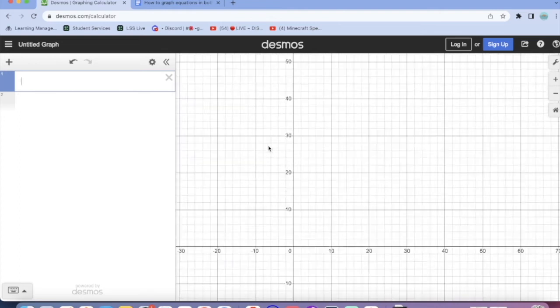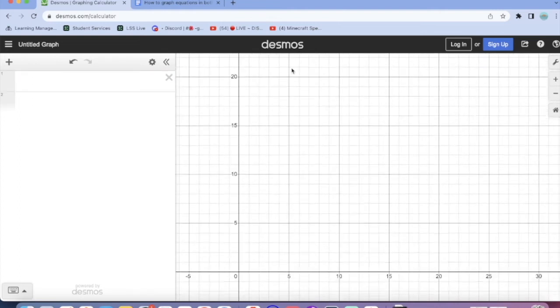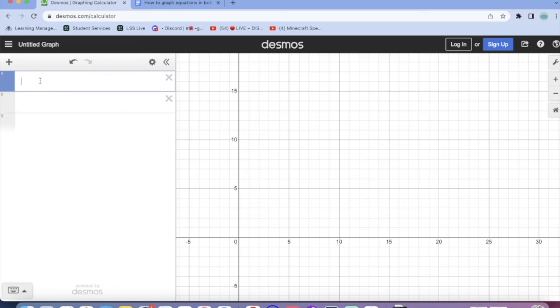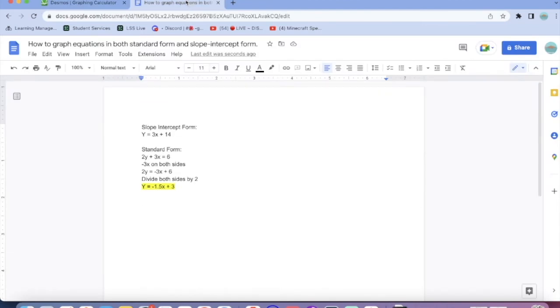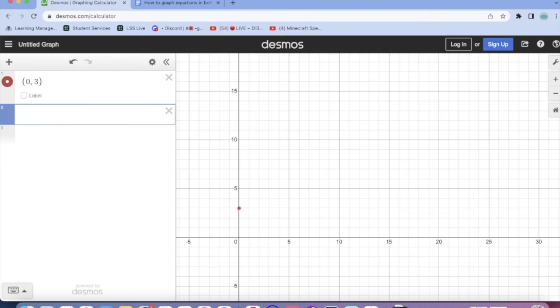Here, let me just zoom in a little bit so it's easier to see. That means when x equals 0, the y will equal 3. But it literally only goes downhill from here. Since it's taking away 1.5 every time the x goes up 1, then this would be 1.5.